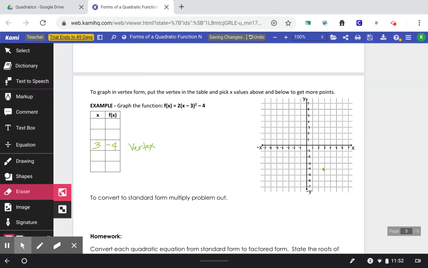Let's keep it closer. It's going to end up somewhere up here, and I want to be able to graph it.